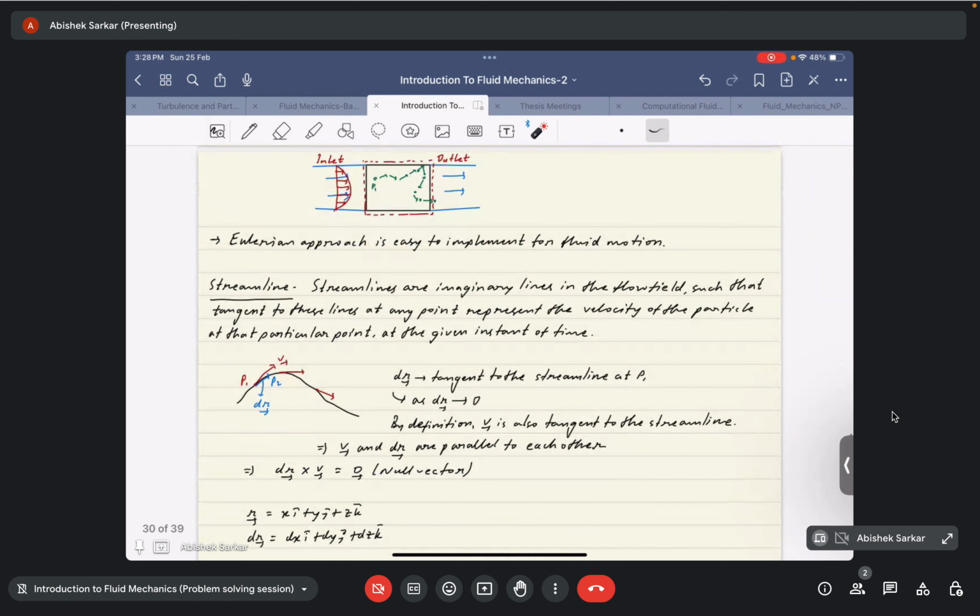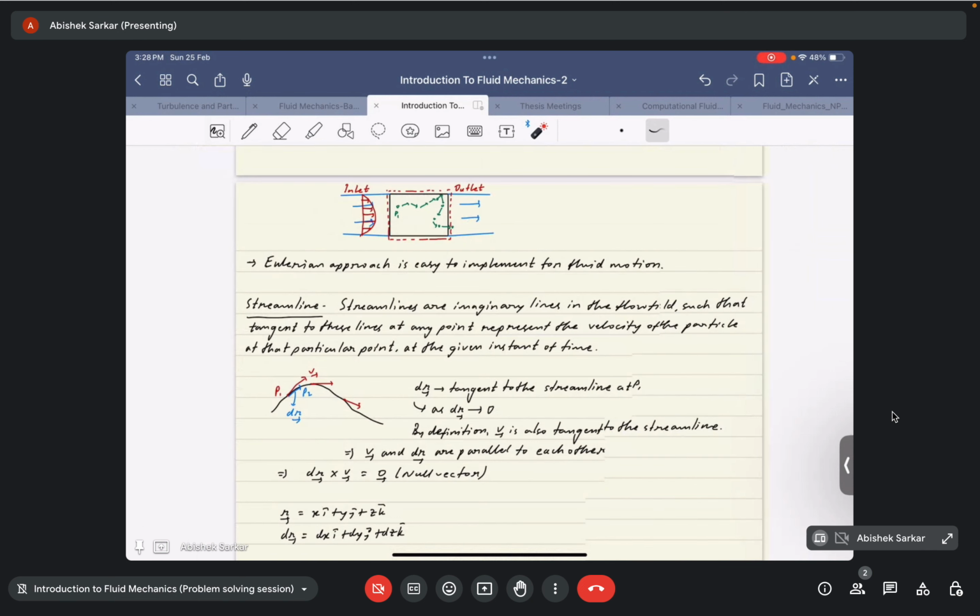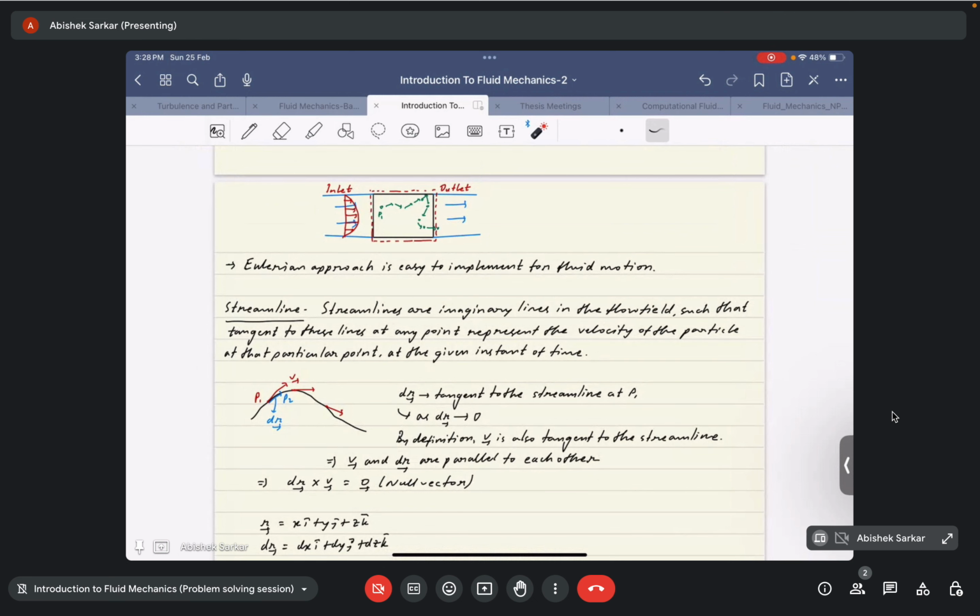Following the discussion of these two approaches, the Eulerian and the Lagrangian approach, we now discuss the different flow visualization techniques that have been conceptualized by researchers to understand the behavior of fluid flow subjected to different kinds of flow regimes.